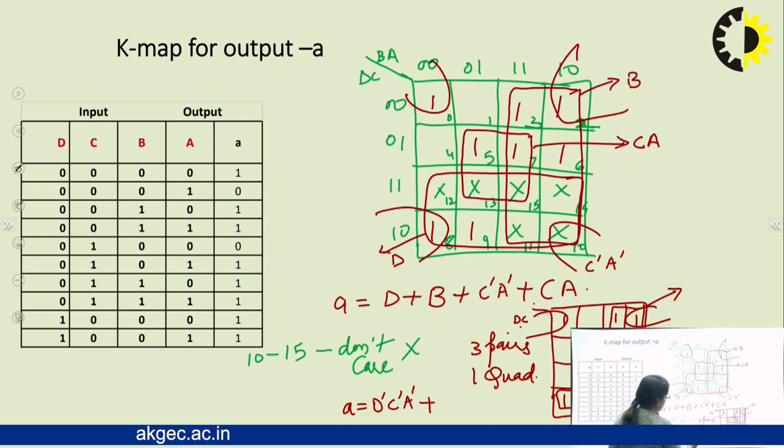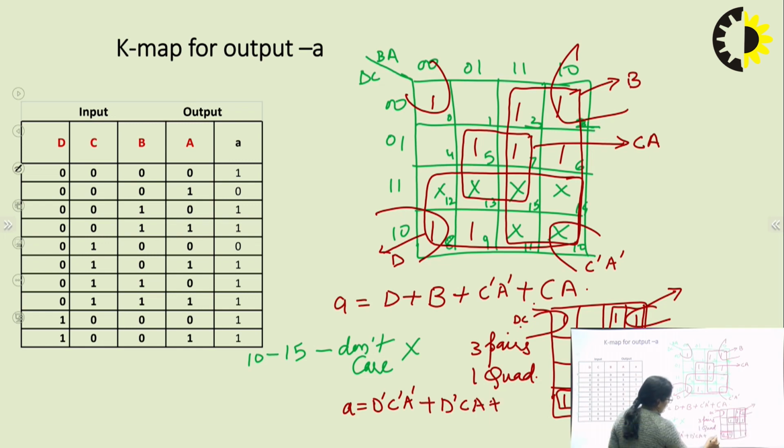For this case, it will be D dash, C, and A. Then for this pair, it will be D, C dash, and D dash. And for this quad, we are having D dash and B.